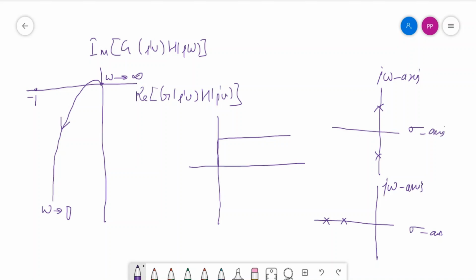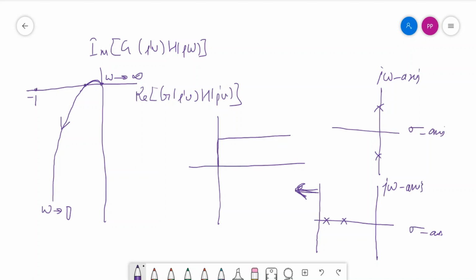In case we have a nominal system where the poles are away from the imaginary axis, or even there is no pole on the real axis, so we are away from the imaginary axis. In this situation, if I draw the polar plot, we'll see that the system will be a nominal system like this.